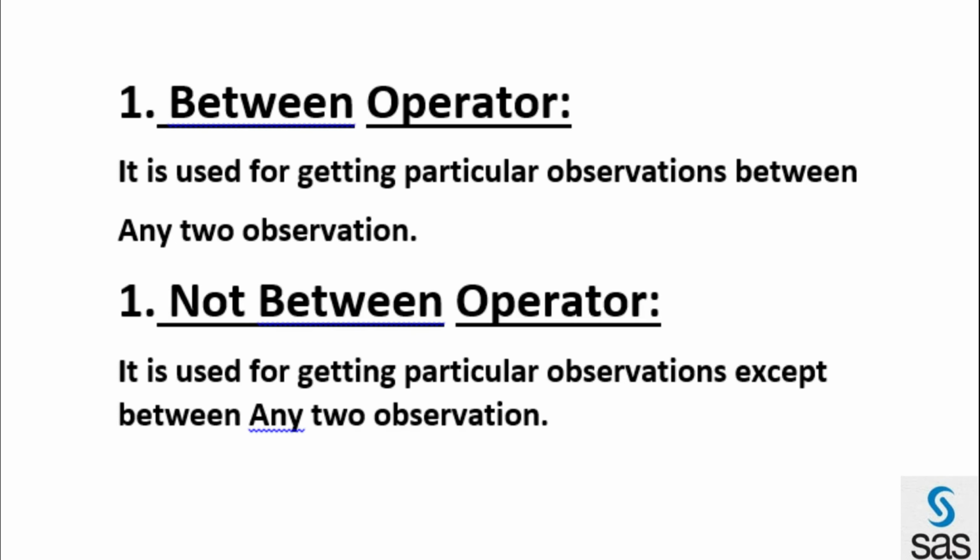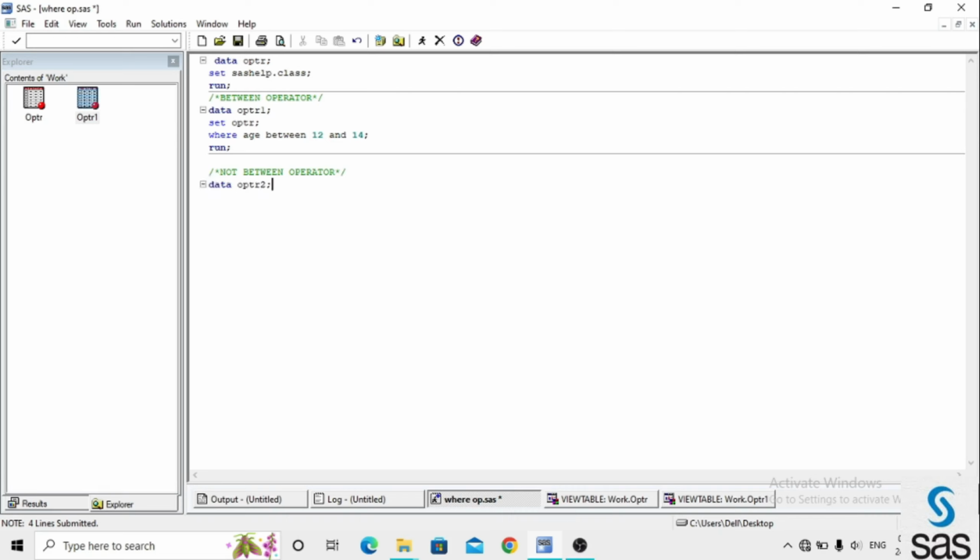The NOT BETWEEN operator is used for getting particular observations except those between any two values. Did you get it? Now we write the code for that: the dataset name is operator2; set operator; where, following the syntax, age is the variable name, the operator is not between, and the condition is 12 and 14.